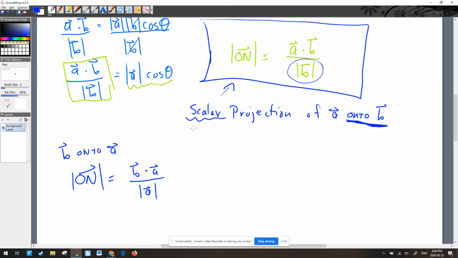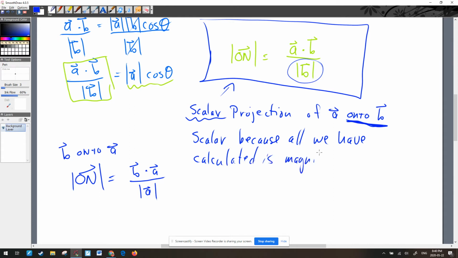So this is a scalar projection. Scalar projection, so it is scalar because all we have calculated is magnitude.